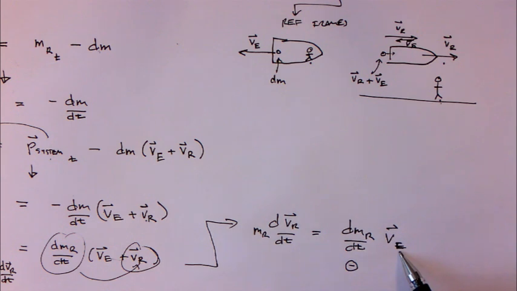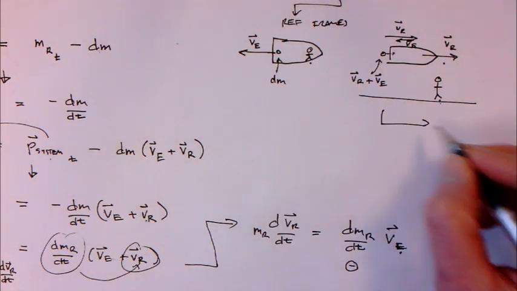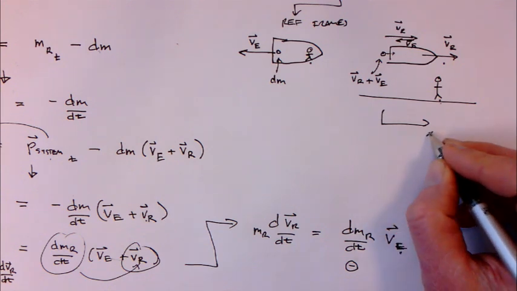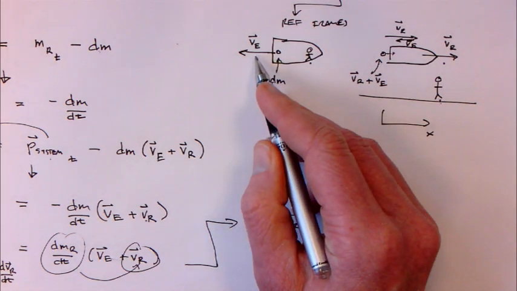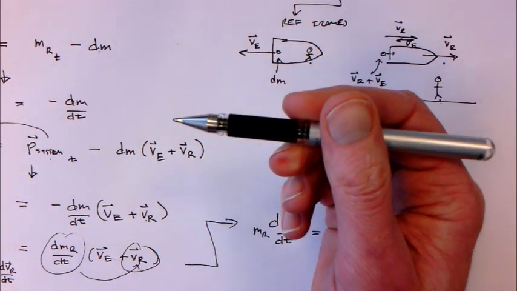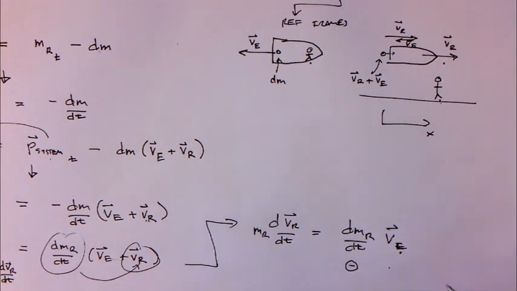V sub e is the velocity of the exhaust relative to the rocket, and if we're defining this as the positive x direction, V sub e actually is in the negative i hat direction. So for this case of travel in the x direction, V sub e is in the negative direction as well. Okay? So on this side, we have two negative quantities times each other, so this gives me a positive quantity.